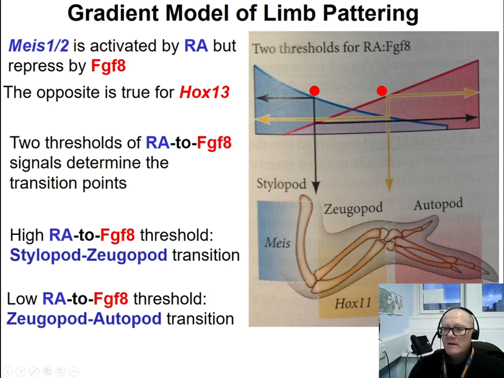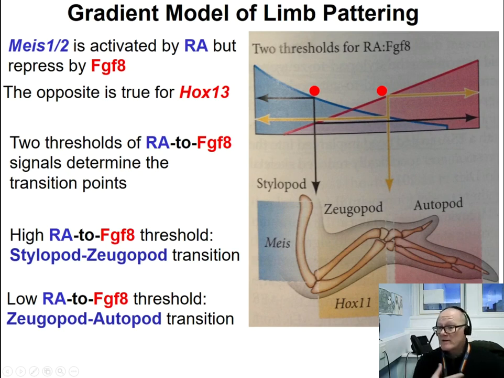So obviously, you notice that depending on the species, you can very easily have a different size of stylopod, zeugopod, and autopod, just by changing the sensitivity ratio of these two transition points.